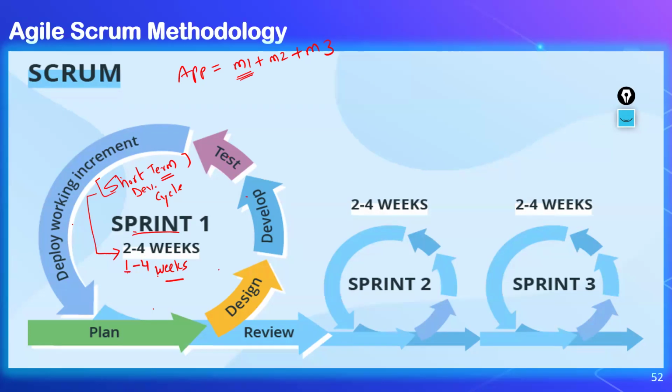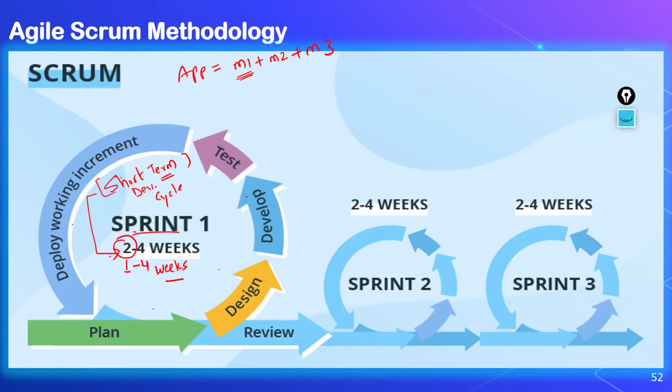But generally, we don't go beyond 4 weeks. So if I'm picking 2 weeks, within those 2 weeks I have to plan, design, develop, test, and deploy a working increment.